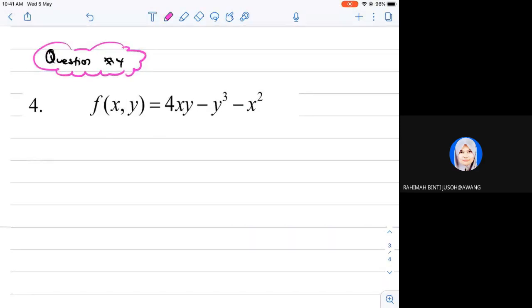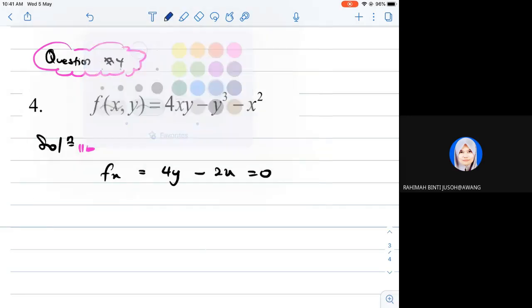Okay, so now solution. Cari fx. So differentiate for xy, we get 4y minus 2x. Equate this with 0. So this is your first equation.